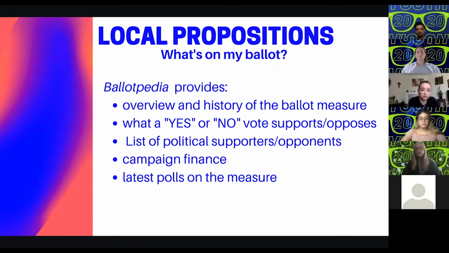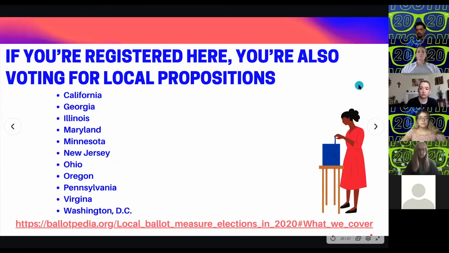And then it'll also give you the latest polls on the measure. Oftentimes a university or a local political group will produce polls on what people currently think about this ballot measure. Then you can go to the next one.